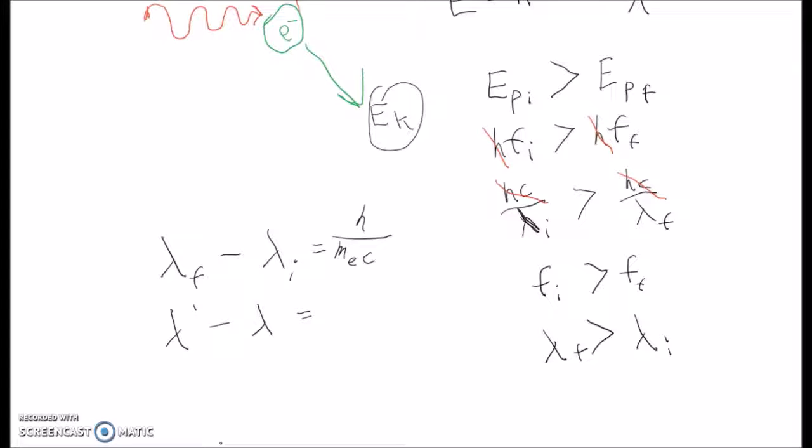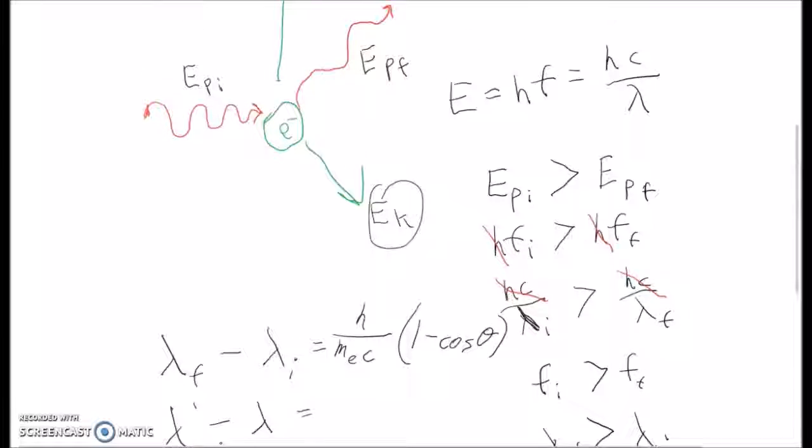This is Planck's constant, mass of an electron, the electron that you're jettisoning out, this green one here, times 1 minus cos theta.